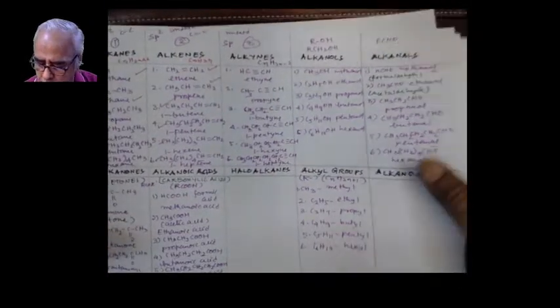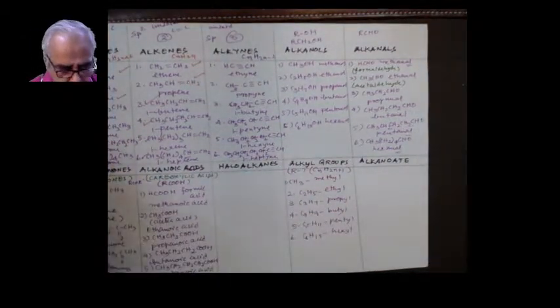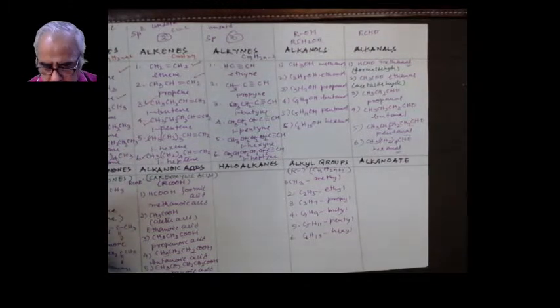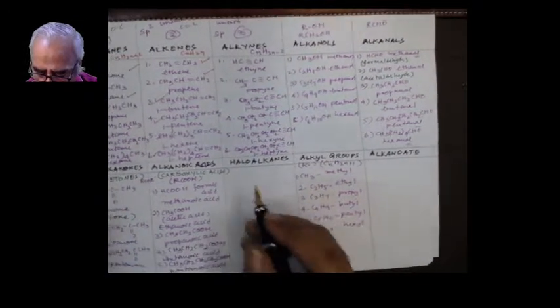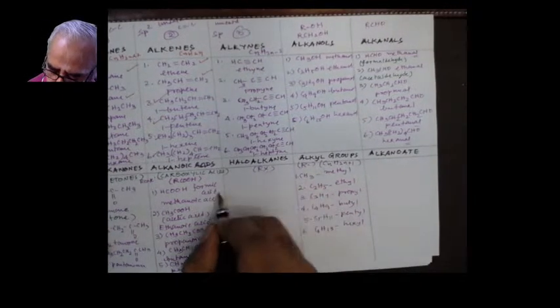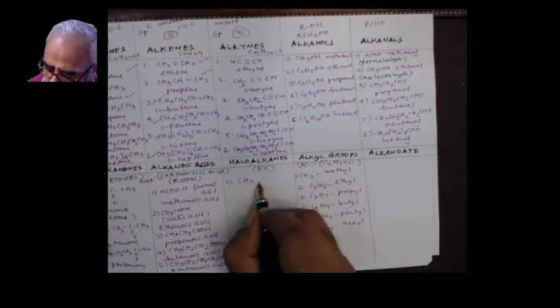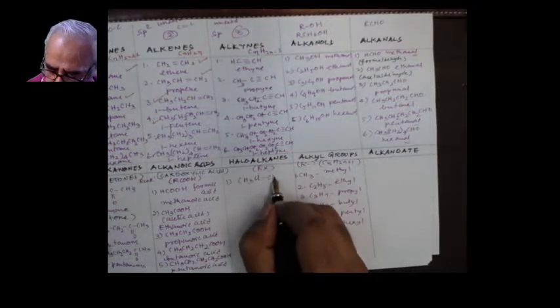Now we have the alkanoate. Just now we discussed, and also we discussed the haloalkanes, meaning chloroalkanes, bromoalkanes, anything. So it can be represented as RX. The first compound is CH3X. You can put chlorine, so chloromethane.